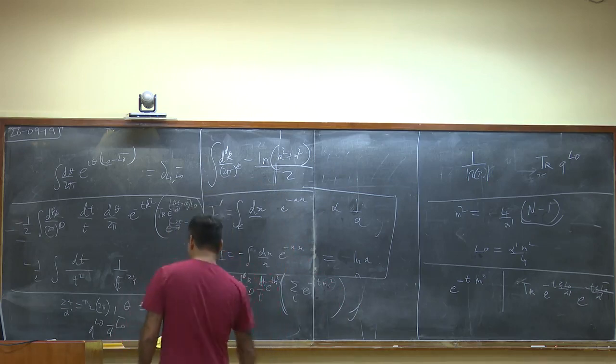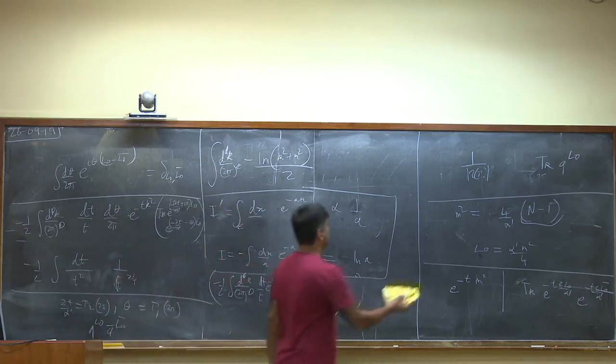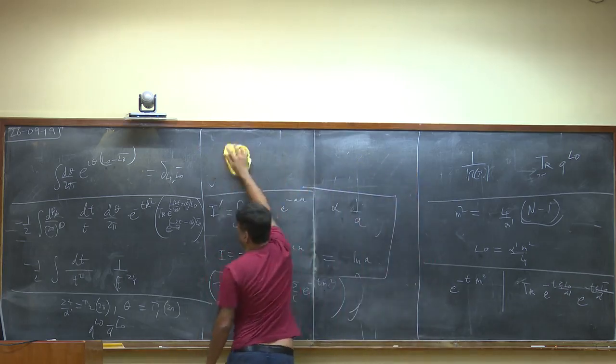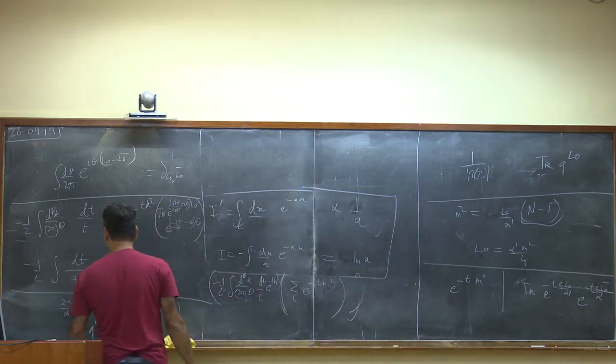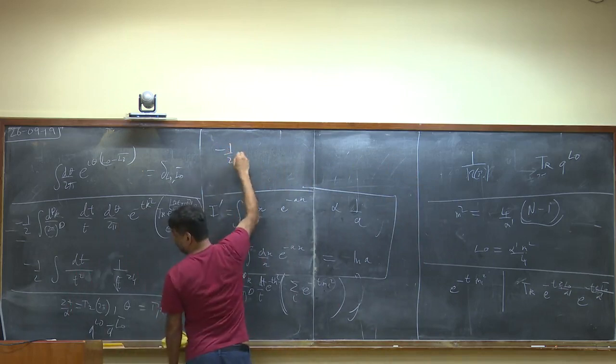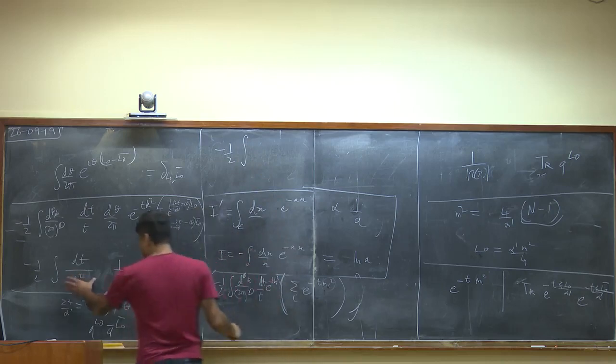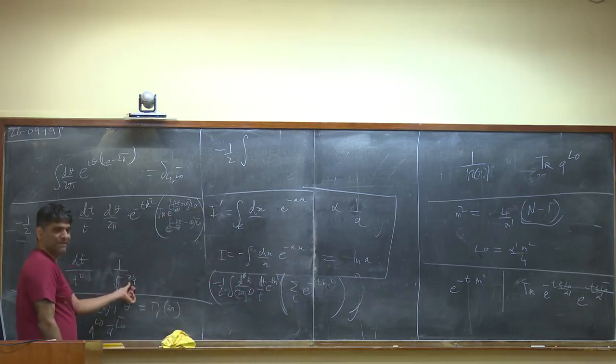And so now what do we get? We get minus half. Now there are various factors here. For instance, we haven't kept pi's and so on. I'm just keeping dependencies.